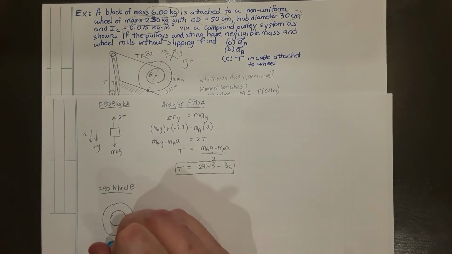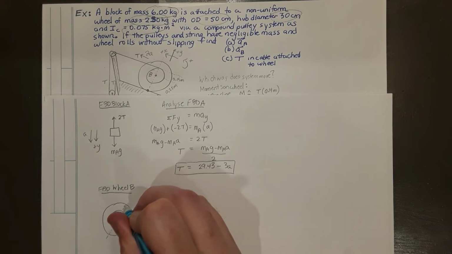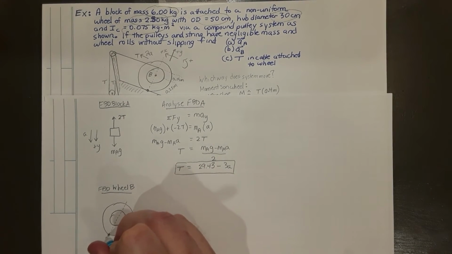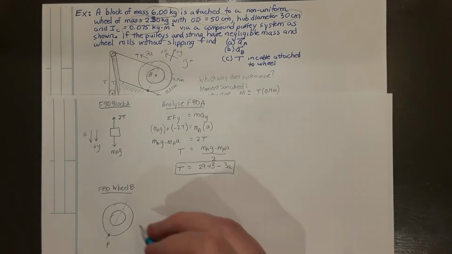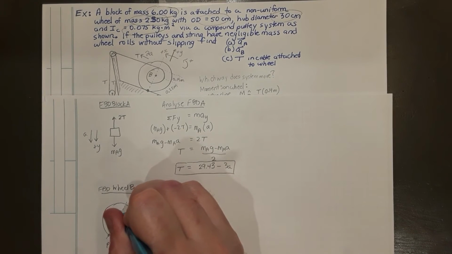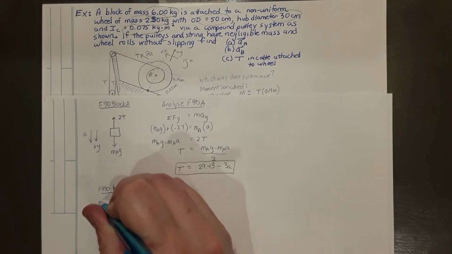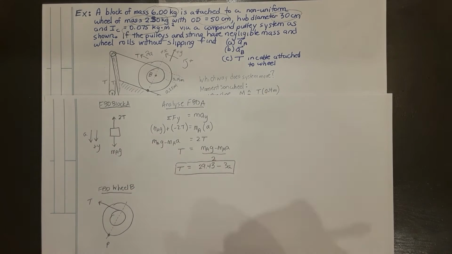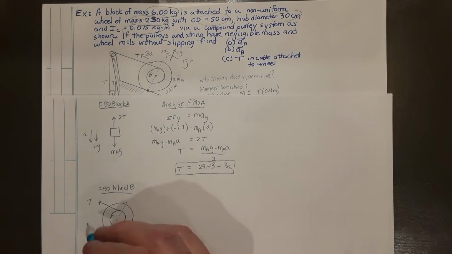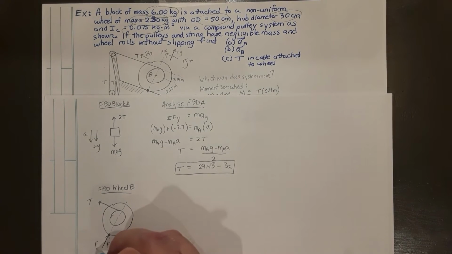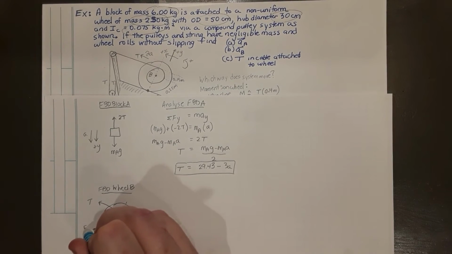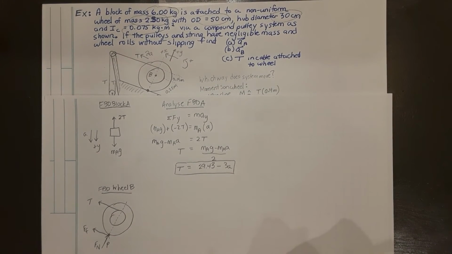The point of contact at the bottom of the wheel, P, is the instantaneous axis of rotation. The tension that is acting on that wheel is exerted from the top of the hub, but the surface upon which the wheel rolls is going to exert a normal force and a force of friction on that wheel.